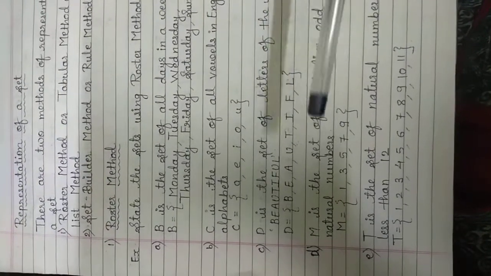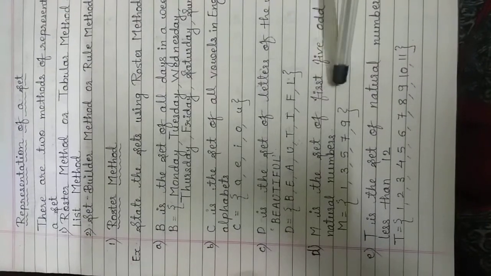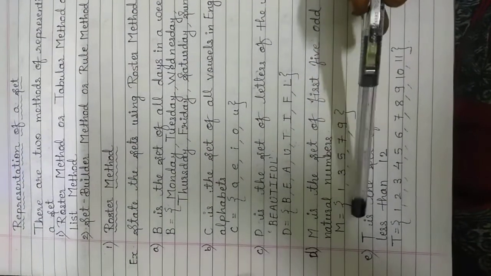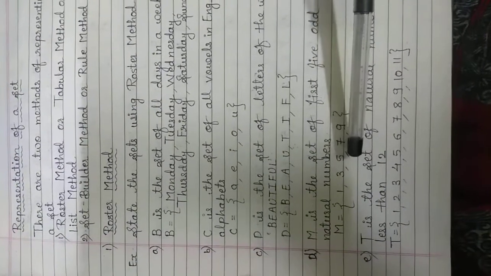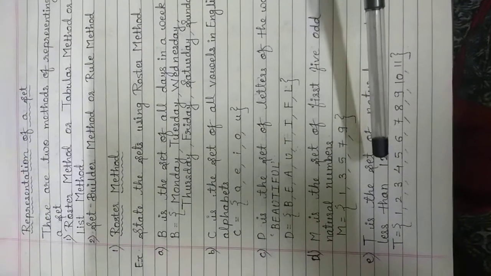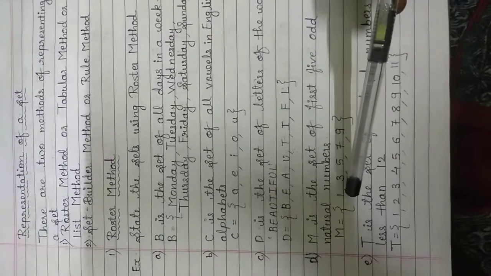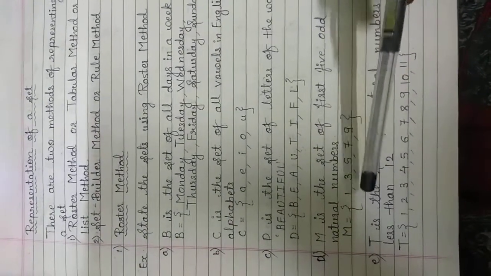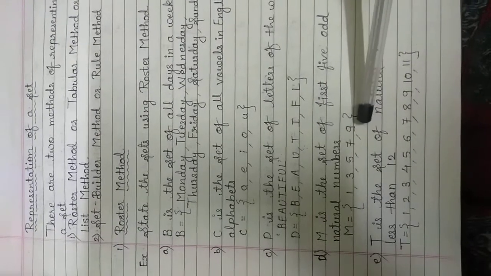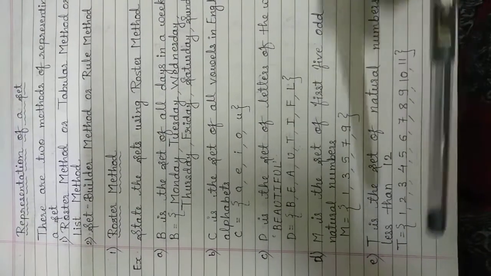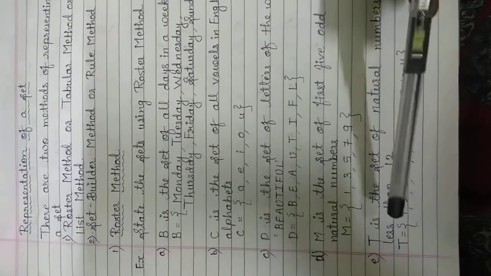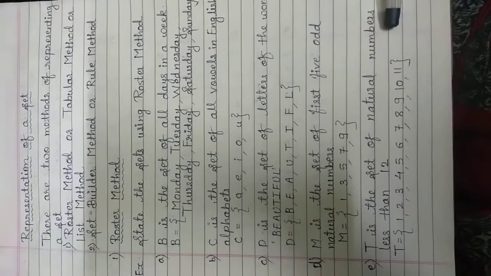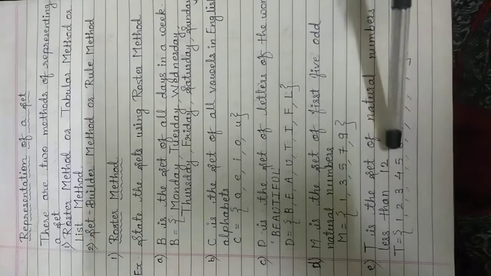But here the condition is given that it is the first 5 odd natural numbers. Therefore M will be the set containing only the first 5 odd natural numbers. So in curly brackets the elements will be 1, 3, 5, 7, 9. That's it.